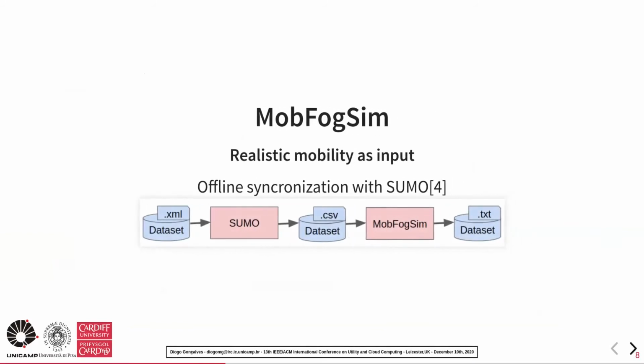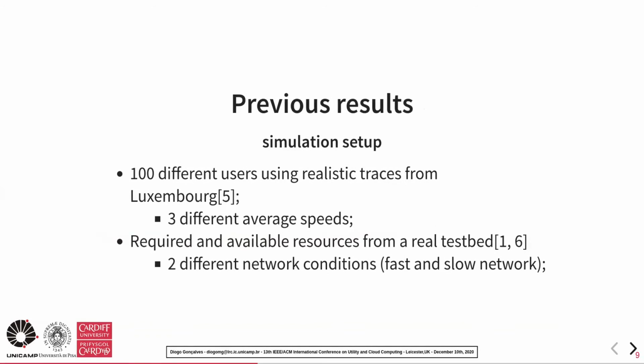Another improvement in MobFogSim is the possibility to deal with realistic mobility patterns. We can use realistic mobility datasets as input to our simulator. That process can be made by an offline synchronization with SUMO, which is a popular traffic simulator. In our previous work, we simulated a scenario with 100 different users using a realistic trace from the Luxembourg dataset.